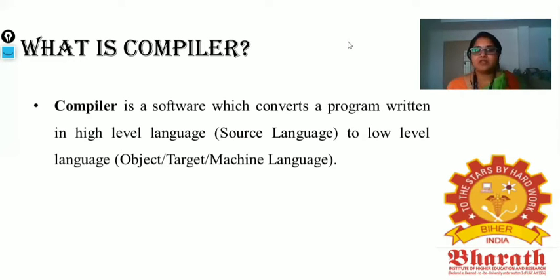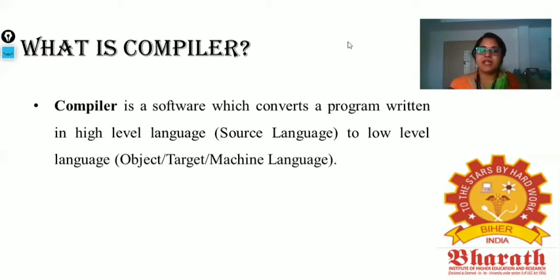A compiler is a software which converts a program written in a high-level language, that is the source language, to a low-level language which the machine can understand. See, high-level language is what we can understand. English language is the high-level language, but the computers cannot understand the high-level language. So it is the duty of the compiler to convert it, to make the computer understand.